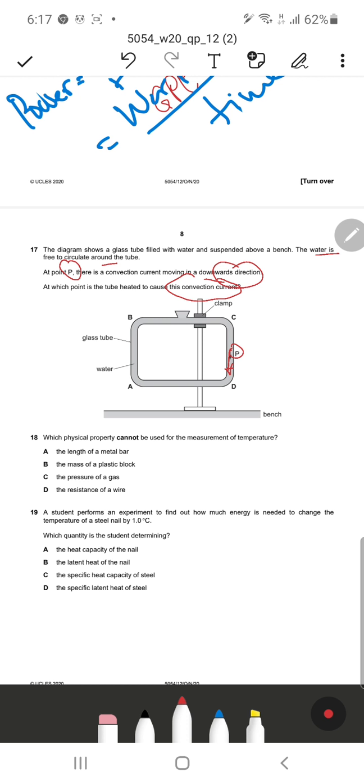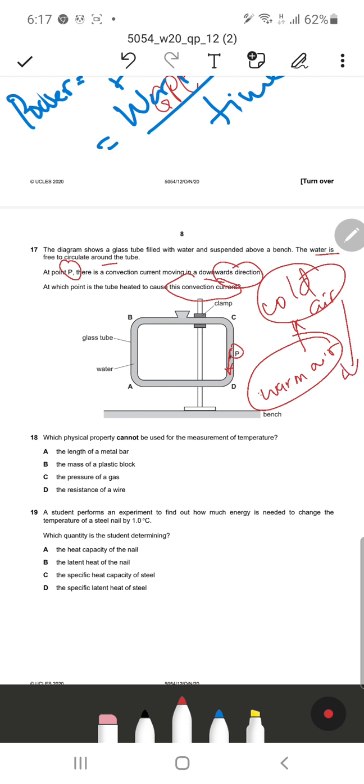So this is a very important thing which we shall all know. Warm air has a lower density and it rises, and the cold air or cold water actually sinks because it has a higher density.